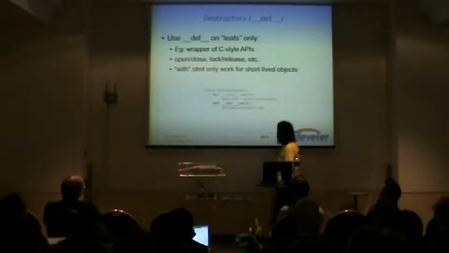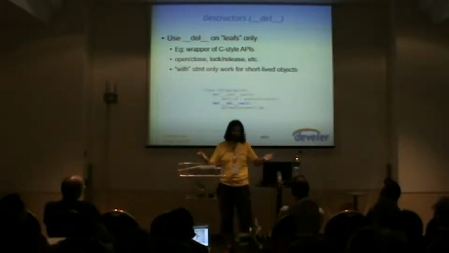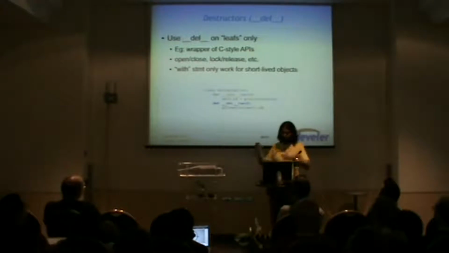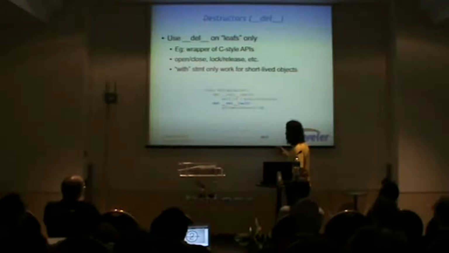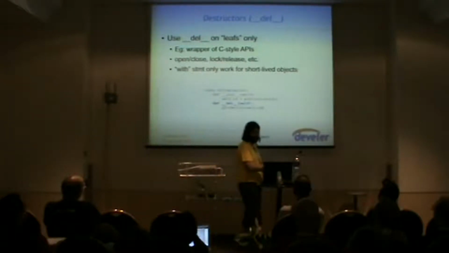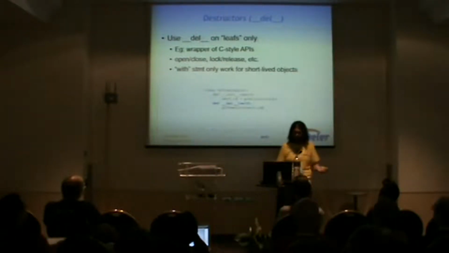This is an example with OpenGL. OpenGL is a C API. For instance, there is an allocator of something called display list. You don't need to know what it is. There is this API, glAllocList, and then glFreeList. Just calls to OpenGL.